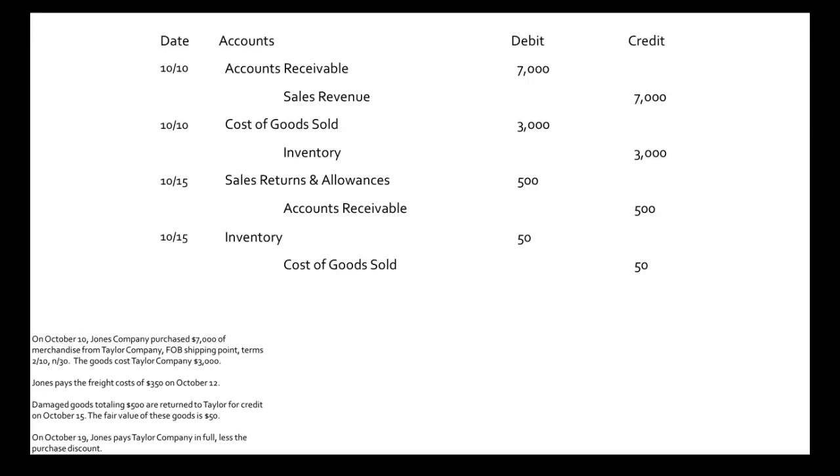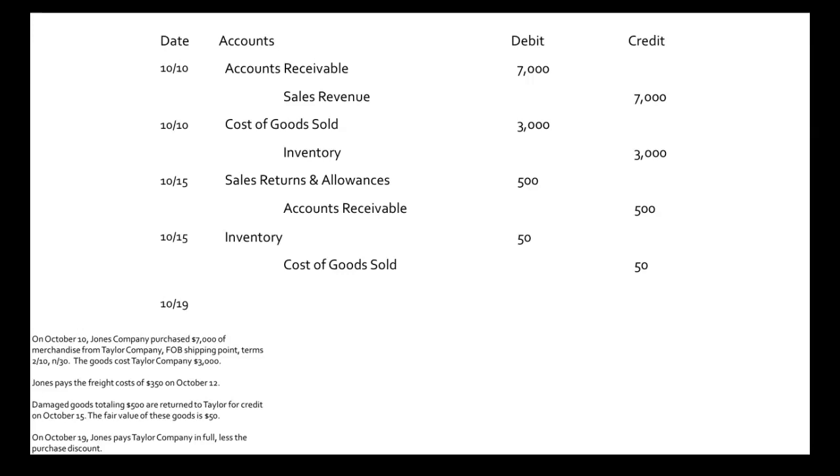And then on the 10th, we also see that we dealt with cost of goods sold and inventory. And it's those same two accounts now on the 15th, just flipped. So your sales journal entries and your returns journal entries have a lot in common, right? Because whenever there's a return, we're pretty much just adjusting what happened with that sale.